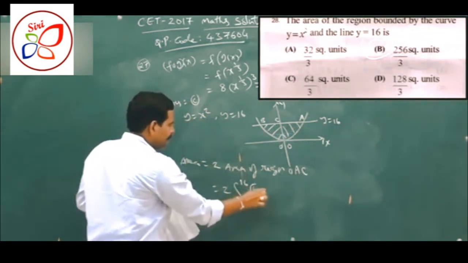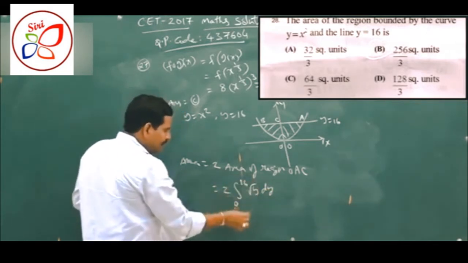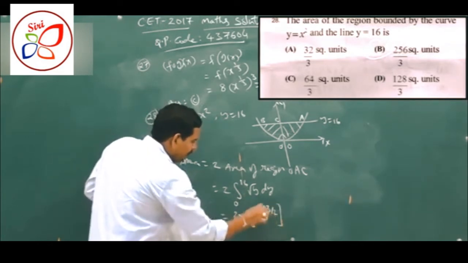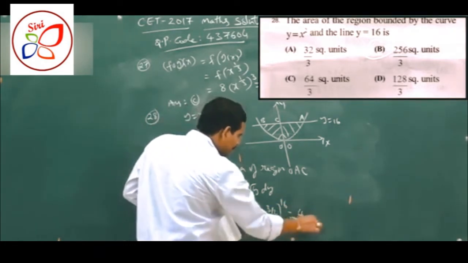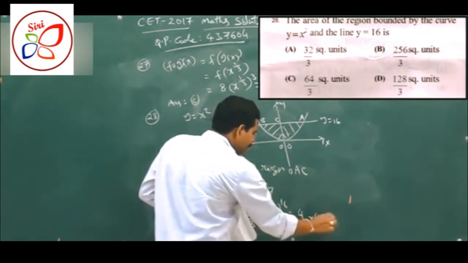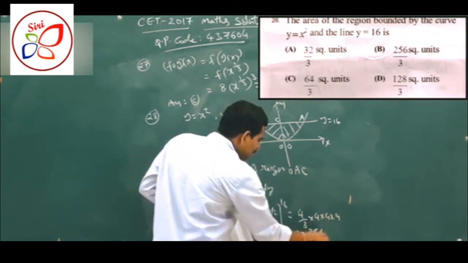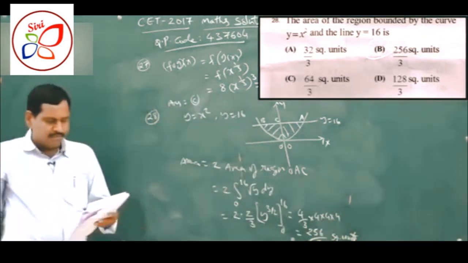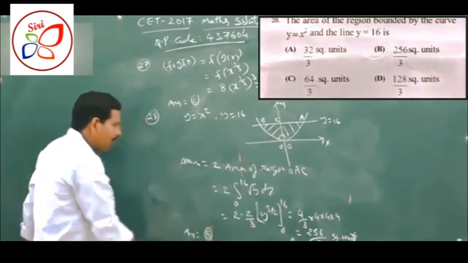Root y dy. 2 into y power 1 by 2, integration y power 3 by 2 by 3 by 2, means here 2 by 3, y power 3 by 2, in between 0 and 16. 2 into 2, 4 by 3 into 16 power 1 by 2 is 4, 4 cube, 4 4 16, 256 by 3 square units. So, this is given in second option. So, answer is second option B.